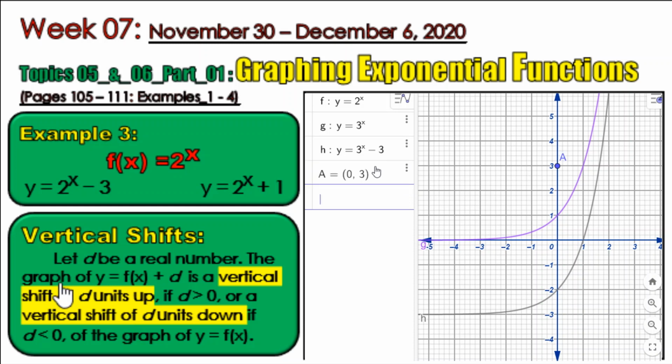So what would be our function? It could be y is equal to 3 raised to x. Our target is to have our y-intercept equal to 3. So the function would be y is equal to 3 raised to x plus 2.